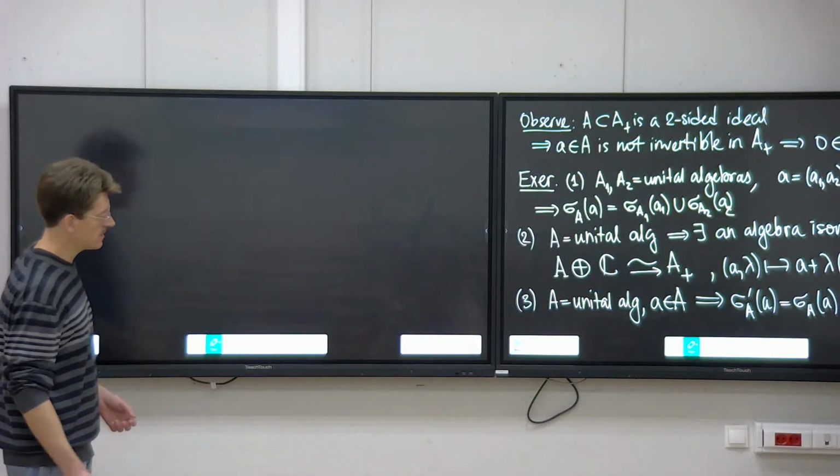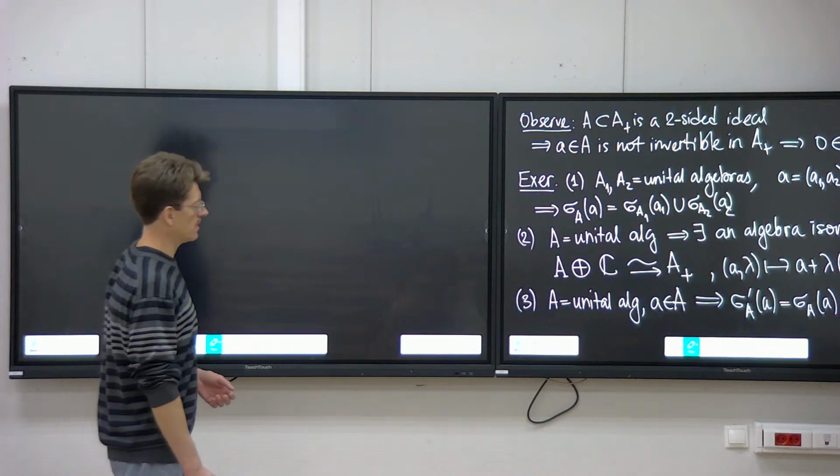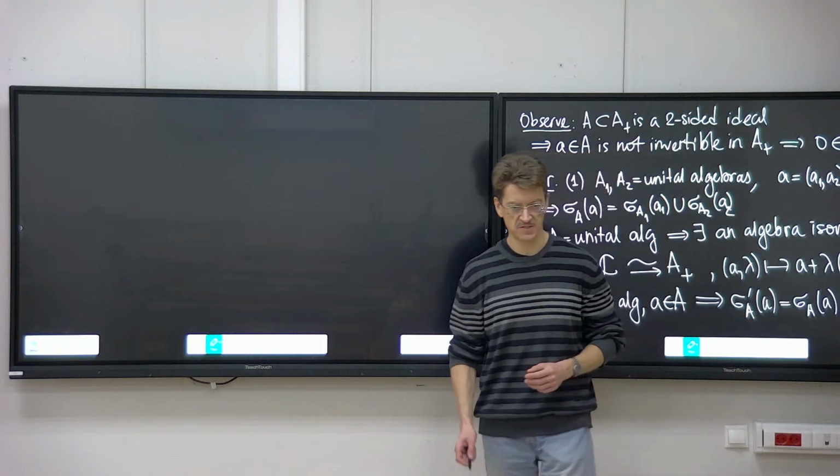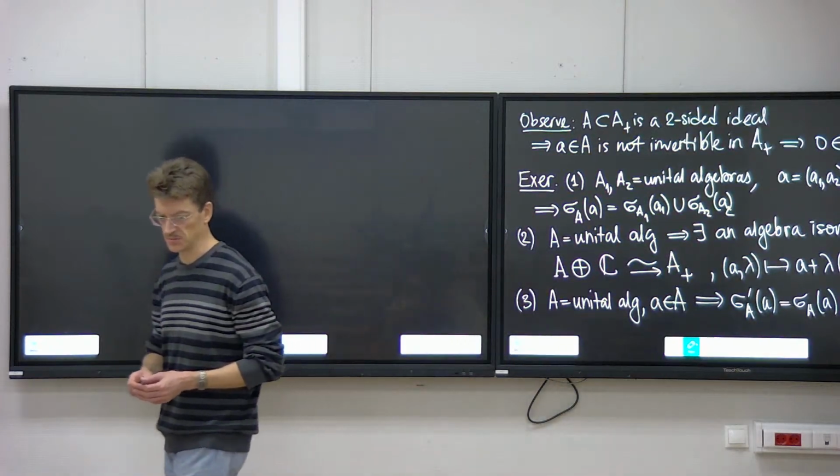Okay, by using this formula, we can now easily extend the notion of spectral radius to non-unital Banach algebras.